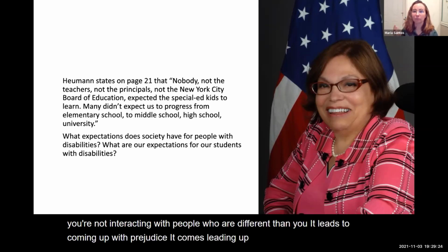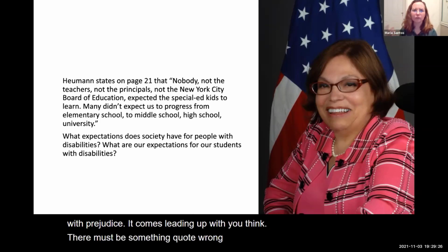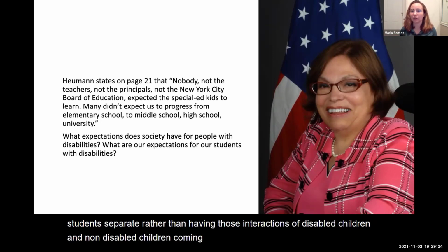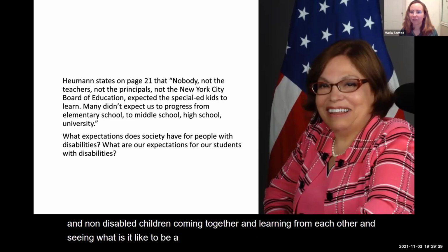You think, oh, there must be something quote wrong with those students, or why are those students separate? Rather than having those interactions of disabled children and non-disabled children coming together and learning from each other, and seeing what it is like to be a student with a disability.